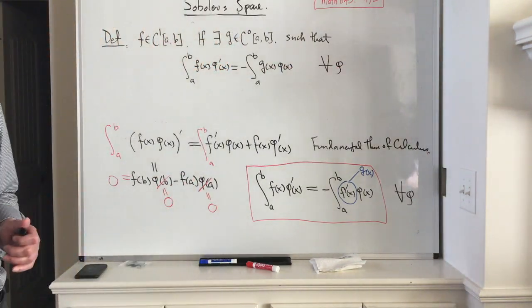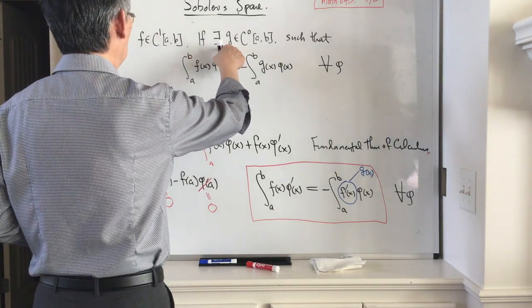Now, if such a g exists, then this g is considered to be the derivative.